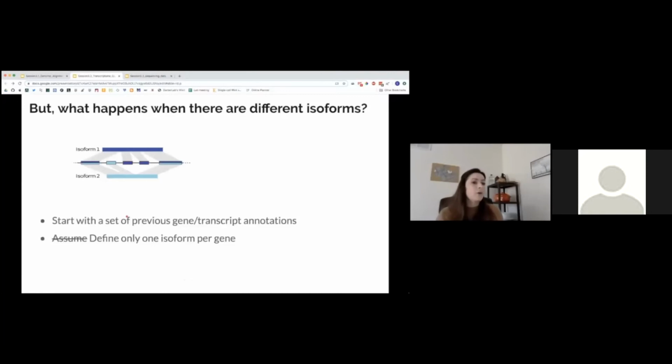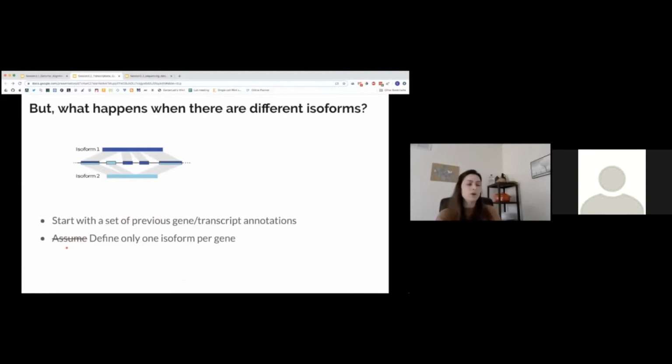All right, so let's go back to our quantification problem and now revisit our previous assumptions. We started with, again, we're going to keep it simple and say we know all the transcript annotations that should exist. But now, instead of assuming that we have one isoform per gene, let's say we want to use isoforms.